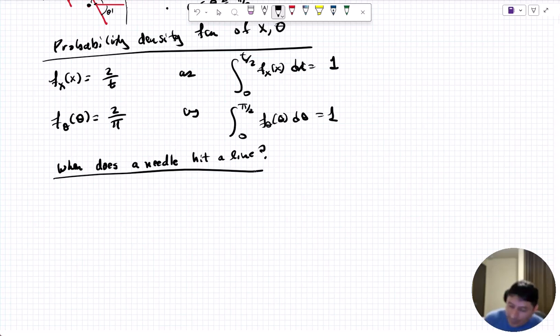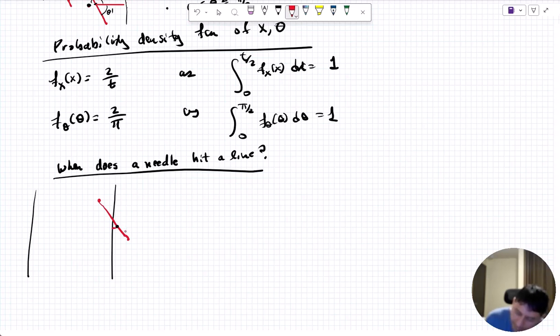So let's draw a needle hitting a line. Here are two vertical lines, and here's one needle hitting a line. So here will be x, and this is the line.